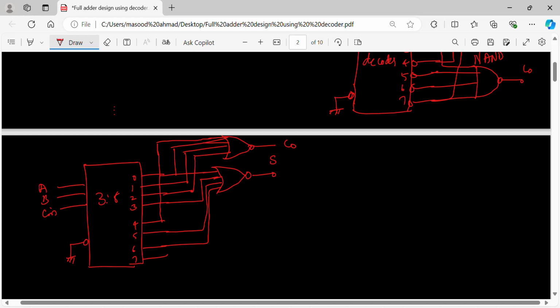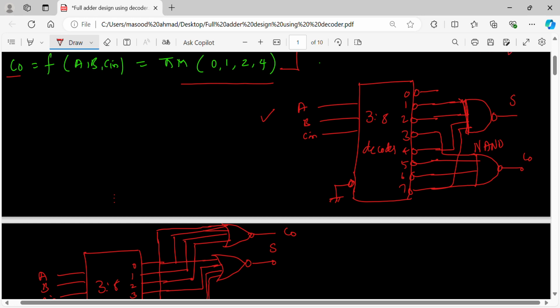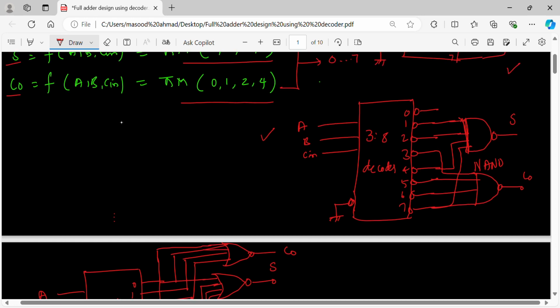So how I am doing this is very clear. We want max terms, but what we are having is min terms. Output is min terms. To get max terms, we are putting a bubble. Here inputs are active high, we are getting max terms, but we want min terms.